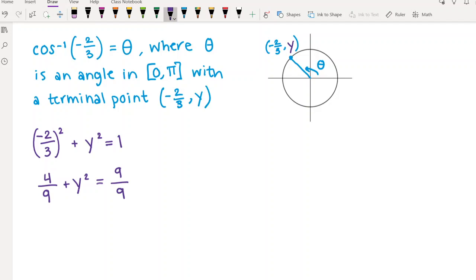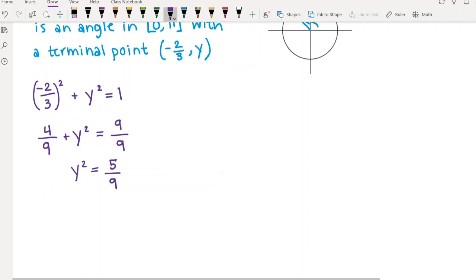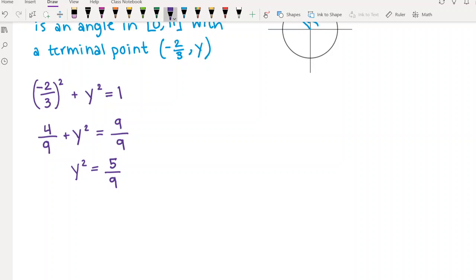And then we can subtract 4/9 from both sides, and so we're going to get y² is equal to 5/9. So 9/9 minus 4/9 gives us 5/9. Then we can take the square root of both sides. So we're going to get y is equal to plus or minus the square root of 5/9, which can also be written as plus or minus square root of 5 over 3, right? Because the square root of 9 is 3, and the square root of 5 can't be simplified, so we can just leave it as square root of 5.